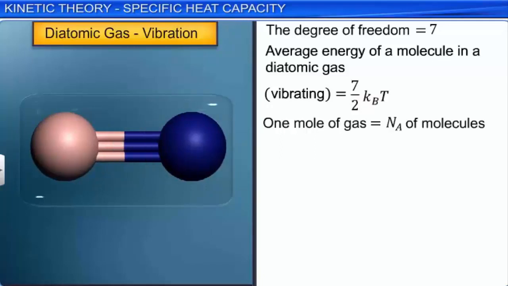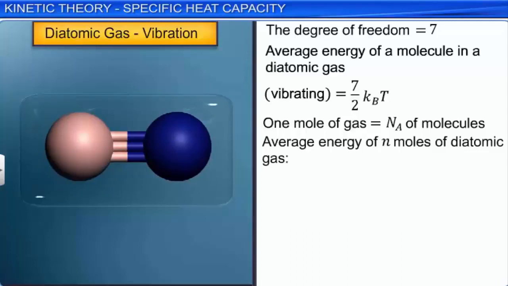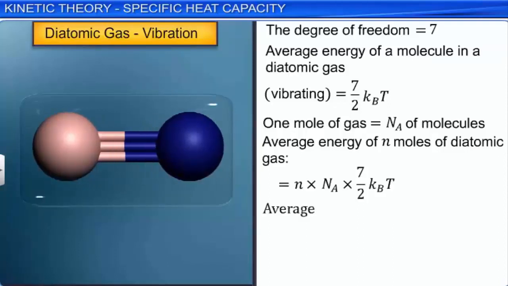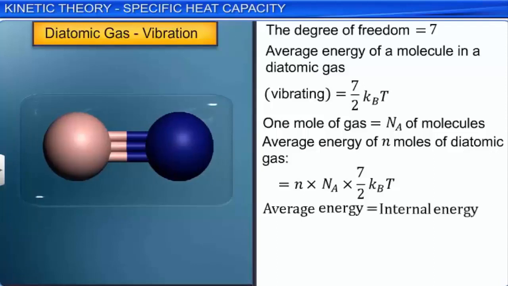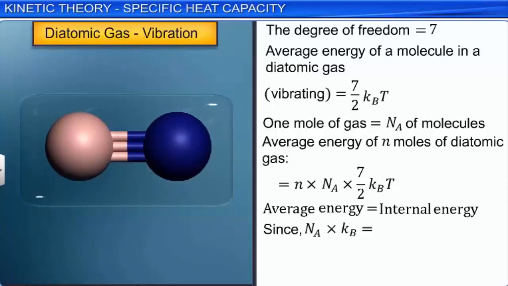Then, the average energy of n moles of a diatomic gas is equal to n into Na into 7 by 2 kBT. This energy is equal to the internal energy of the gas. Since the product of Avogadro's number Na and Boltzmann's constant kB is equal to the universal gas constant R, we get U is equal to 7 by 2 nRT.